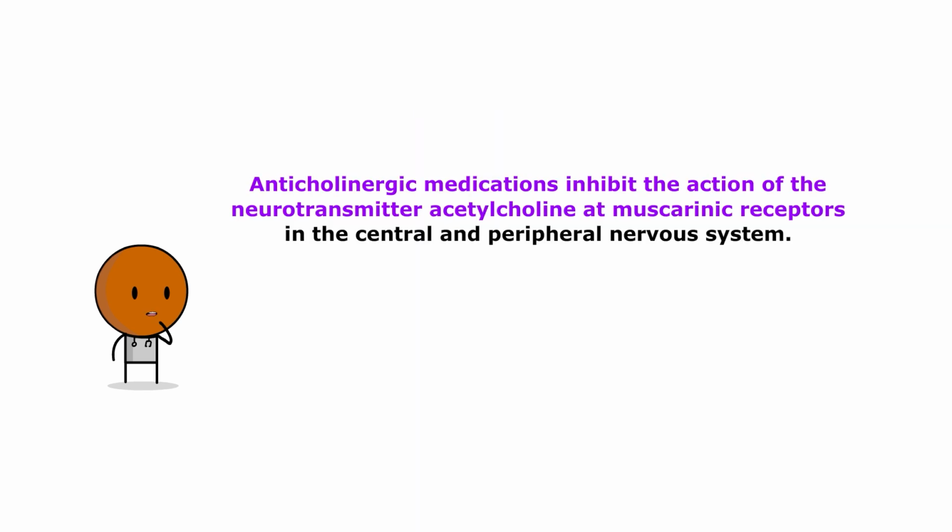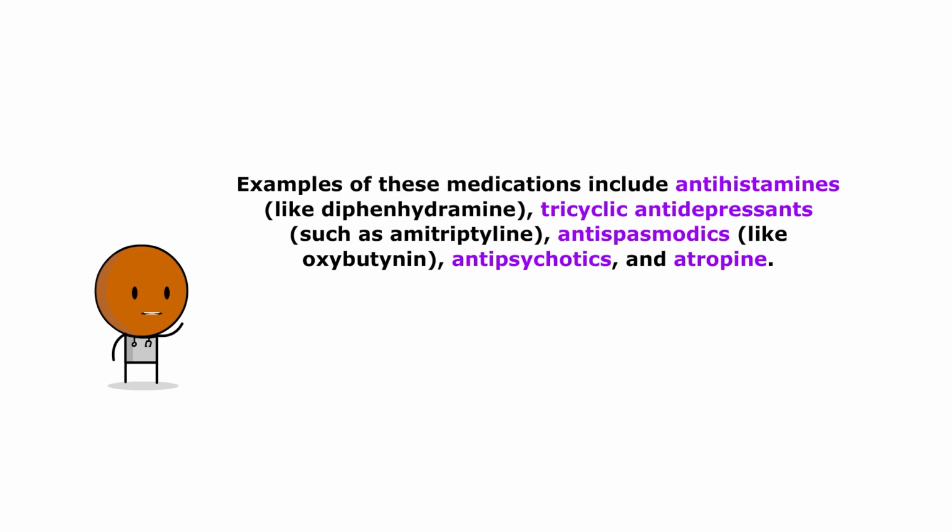Now, anticholinergic medications inhibit the action of neurotransmitter acetylcholine at the muscarinic receptors in the central and peripheral nervous system. Examples of these medications include antihistamines like Benadryl or diphenhydramine, tricyclic antidepressants such as amitriptyline, antispasmodics like oxybutynin, antipsychotics, and atropine.